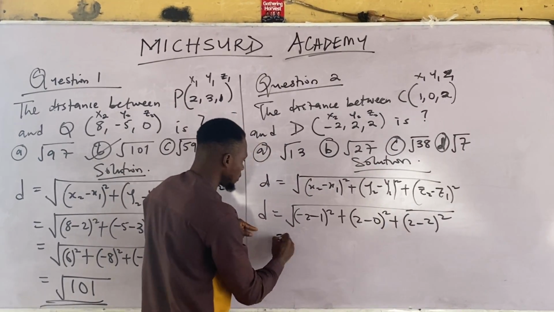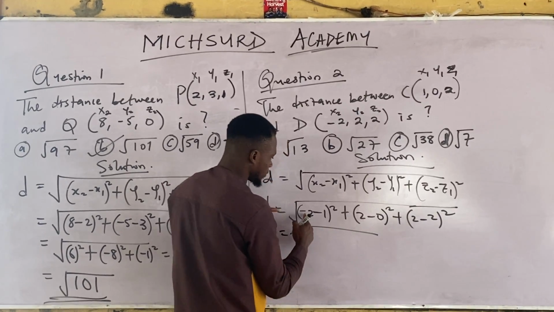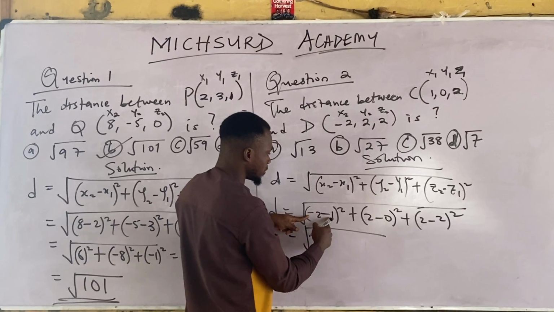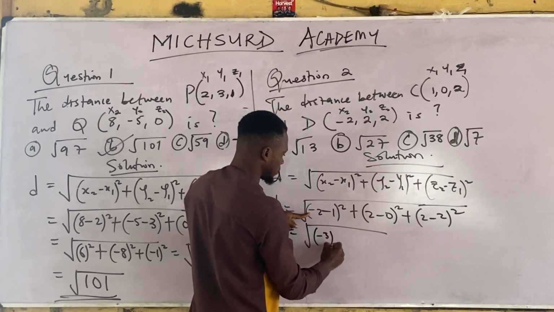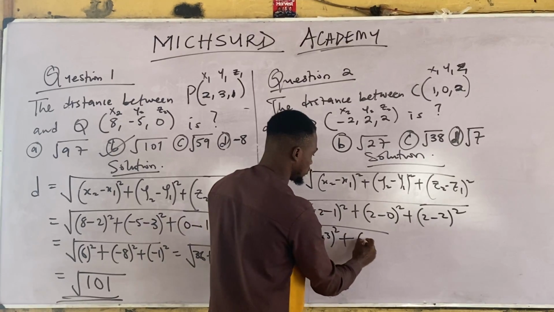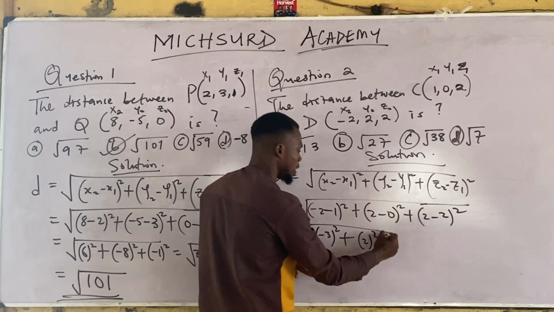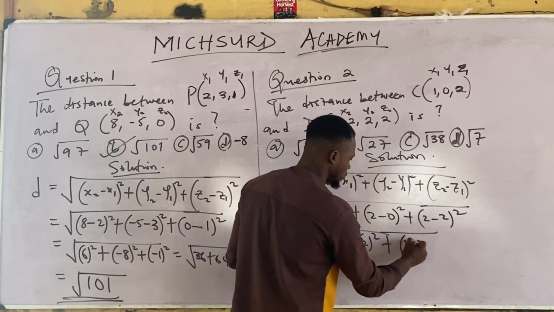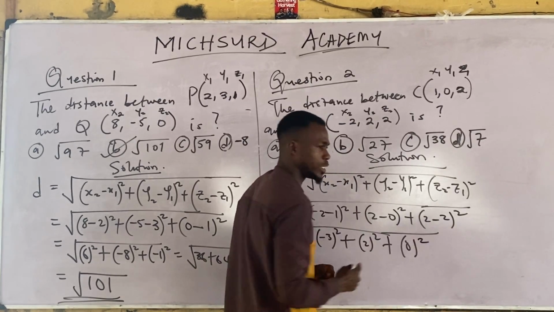Now, if we subtract and add, we have minus 2 minus 1, which will give us minus 3 squared. Plus 2 minus 0, which is 2 all squared. Then plus 2 minus 2, which is 0 all squared.